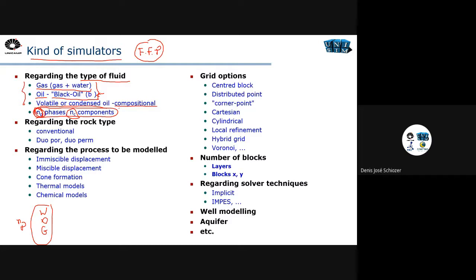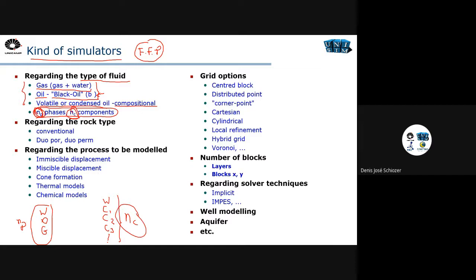We want to understand how these components will move through the reservoir. So again, if you have several components, we're going to have, for example, C1, C2, C3, etc., and water as well. So we're going to have several components.